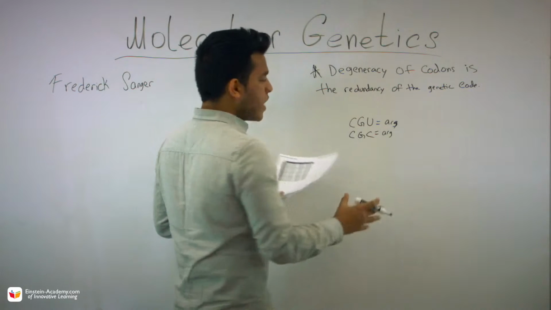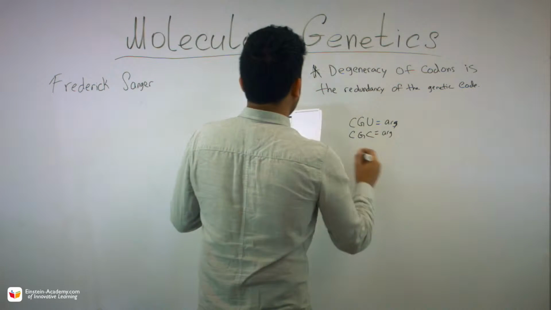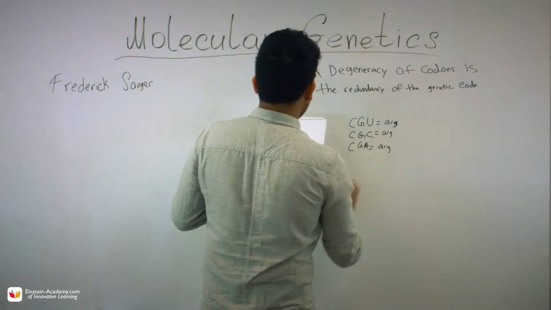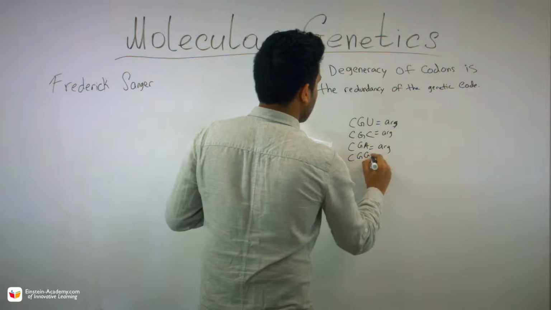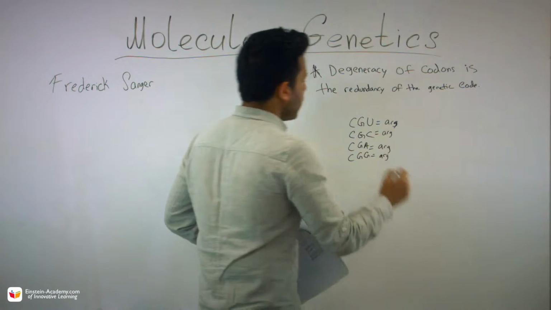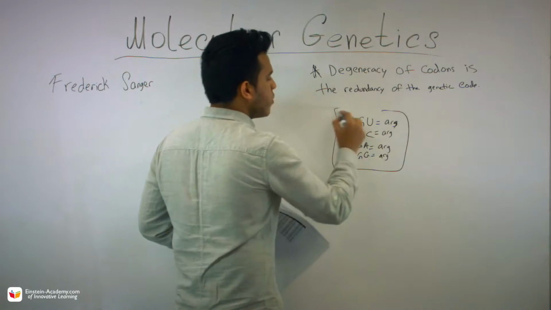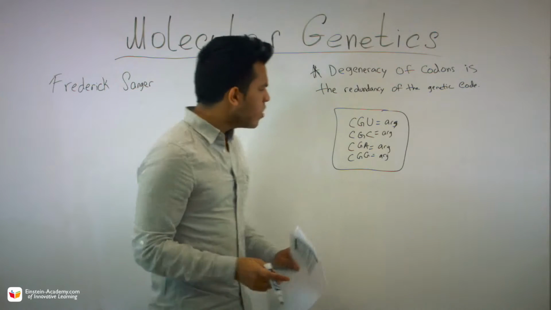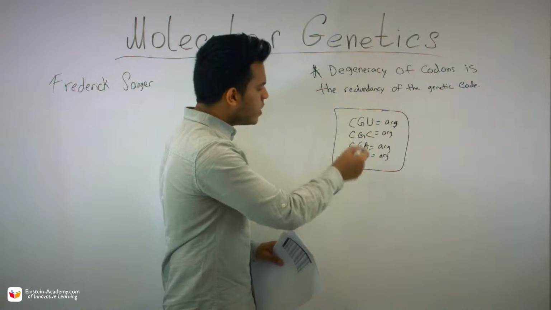So in this case, not only is it two codons, but we also have CGA, which codes for arginine, and we also have CGG, which codes for arginine. And this explains the degeneracy of the information that's provided by these codons, CGU, CGC, CGA, CGG.